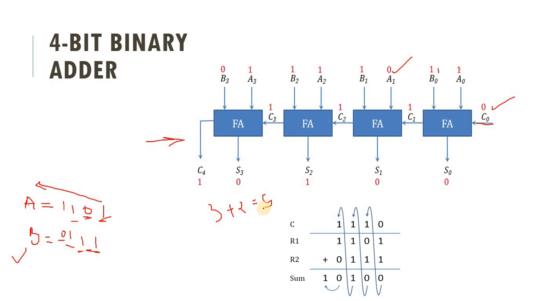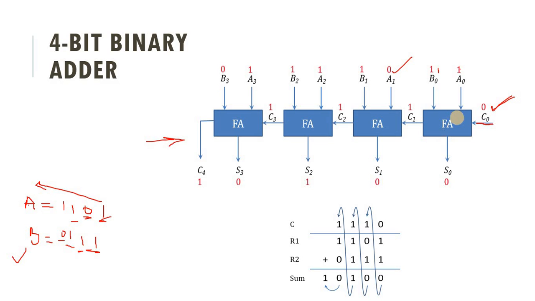Now if you add a carry input of 1, the output changes, because the right output is 5 but you will get the output 6. That is why we are not giving the carry input as 1, but we are providing the carry input as 0, so the result cannot be affected. So the first inputs are 1 and 1, and the carry bit is 0.